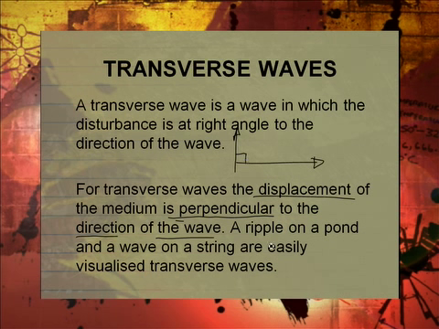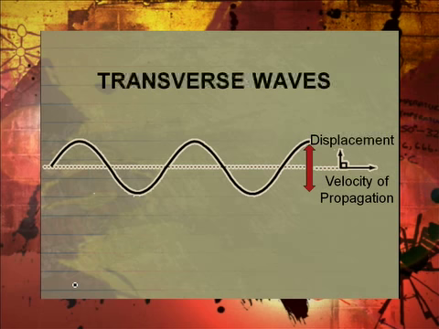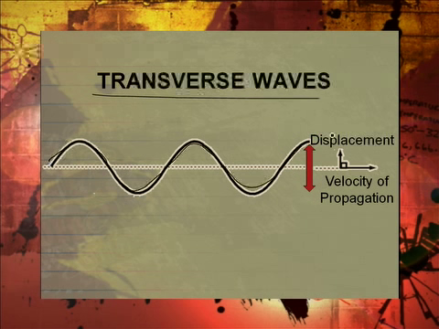A ripple on a pond and a wave on a string are easily visualized as a transverse wave. Here is a drawing of a transverse wave. Okay, that's a transverse wave. Now from there to there, that is a displacement from the rest position.